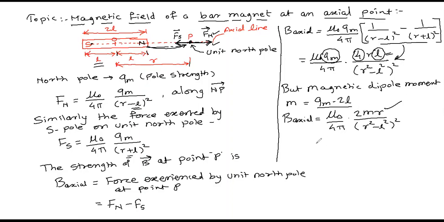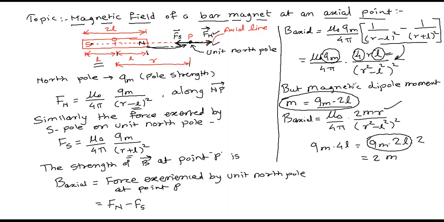See, Qm into 4l, I want to express in terms of this one. So this Qm into 2l into 2, this factor is nothing but M, and this 2 here.